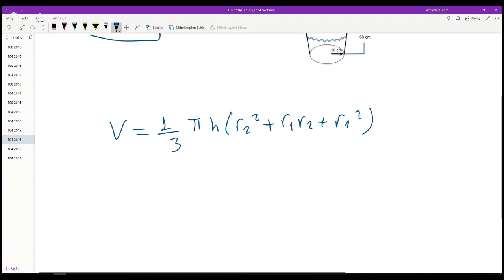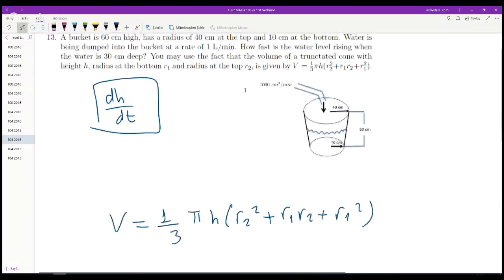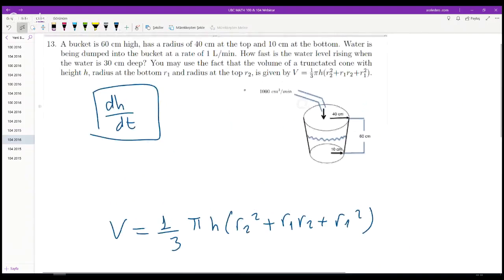The problem with that question is, okay, we have water filling the bucket. The problem with this question is R1 is constant because the water must fill the bottom first.